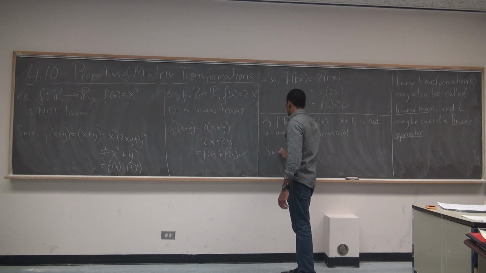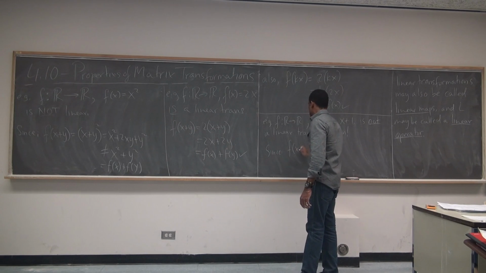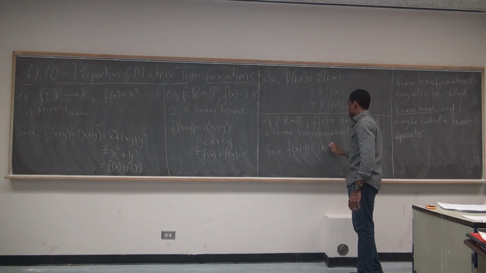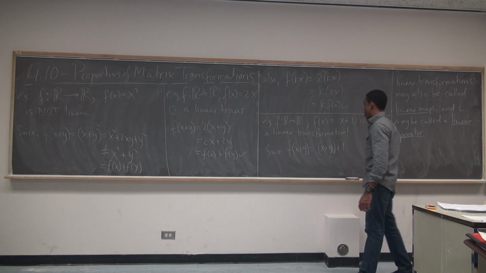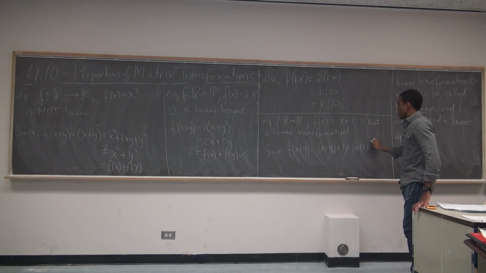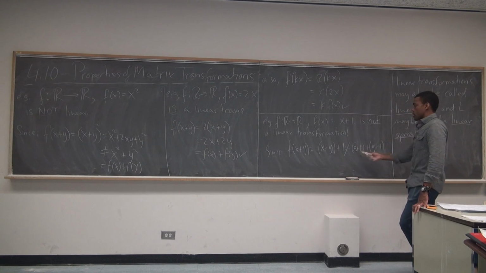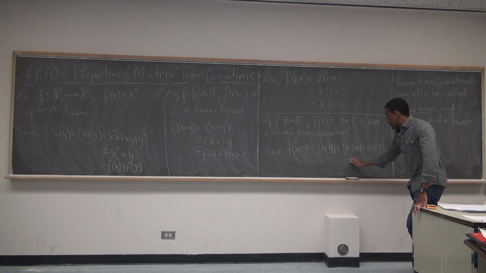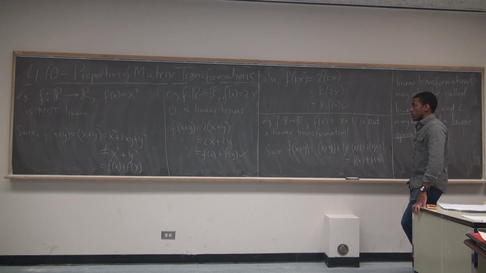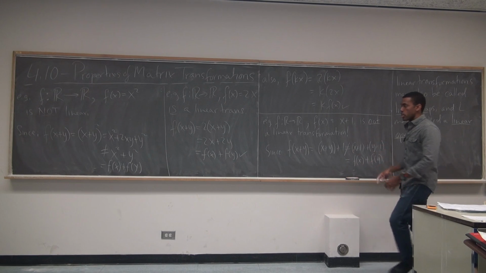Since if I take f of x plus y, this would be x plus y plus 1, which is not the same as x plus 1 plus y plus 1. Right? I don't have enough 1s. So this would not be f of x plus f of y. So it's not linear. So not every linear function is a linear transformation.